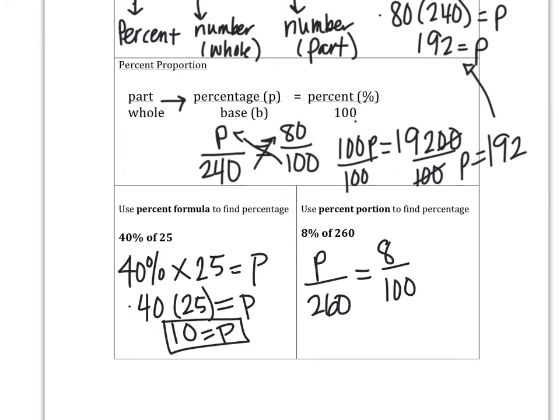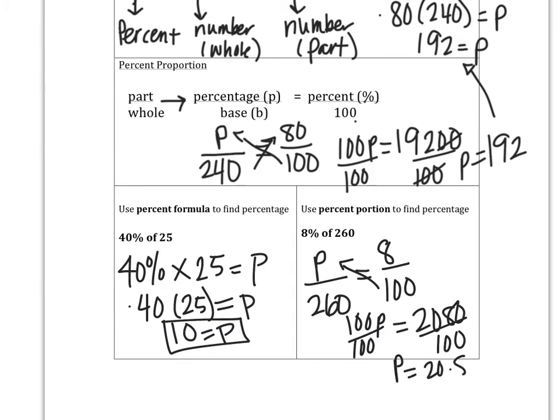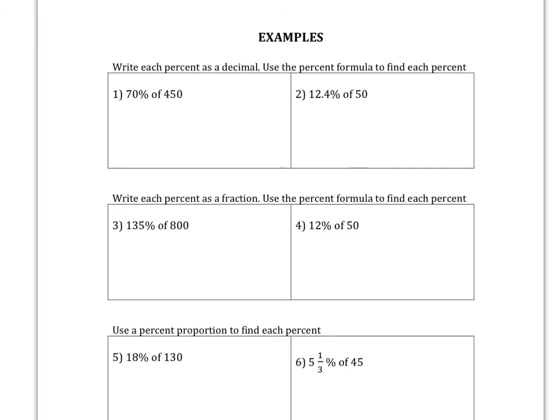Cross multiply, and we get 100P equals 2,080. Divide both sides by 100, and we get P equals 20.8. We'll take a look at some more examples.